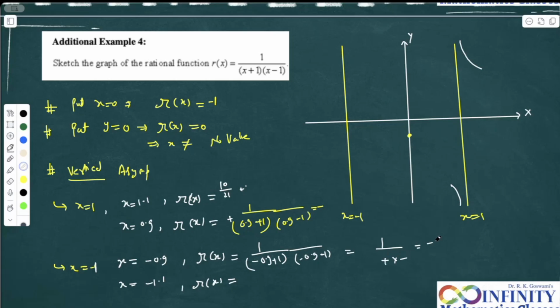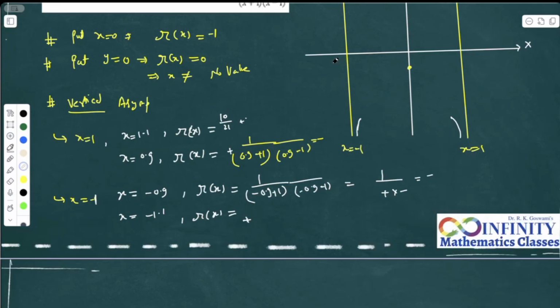The answer is going to be negative there. So I am somewhere here. Am I right? And for the second one, it is going to be positive. So I just got the direction where I will be whenever I'm on the left or the right of the vertical asymptote. This is the thing I need to know.